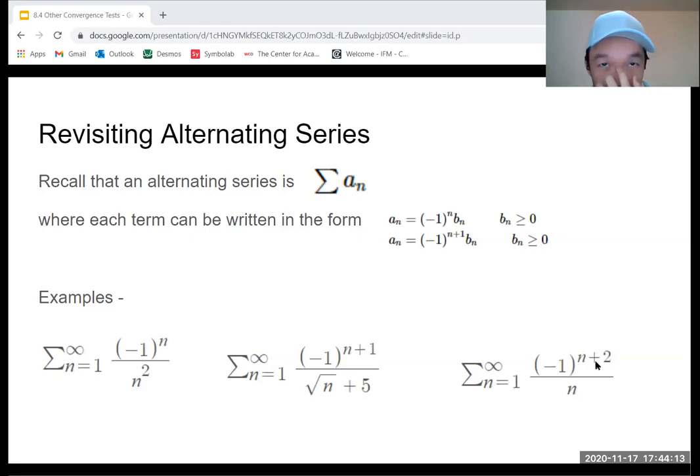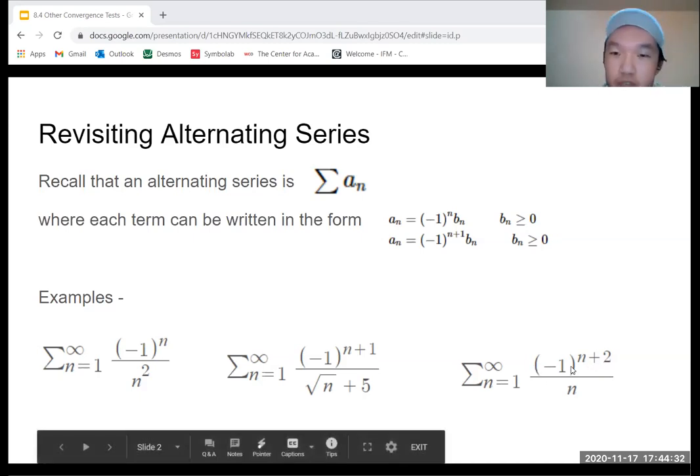The hint is that it's a -1, right? When you multiply -1 by itself, it just goes from -1 to +1 to -1 to +1. So instead of writing -1 to the n plus 2, you can just write the following. Let me just show that.